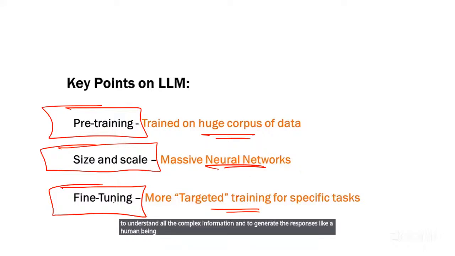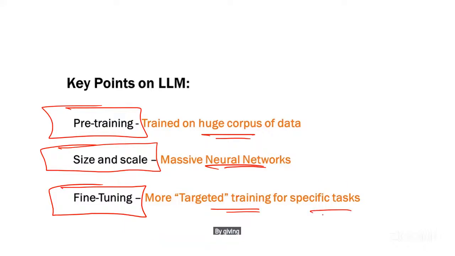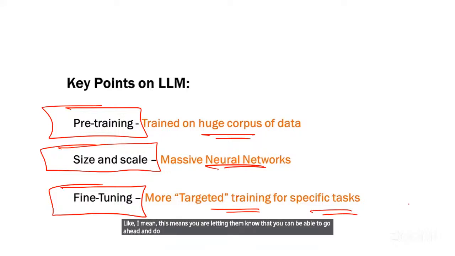And then you have fine tuning, where after the initial training is done, you can give your LLMs some extra training for specific tasks, so they do better at answering questions, translating languages, or summarizing information.